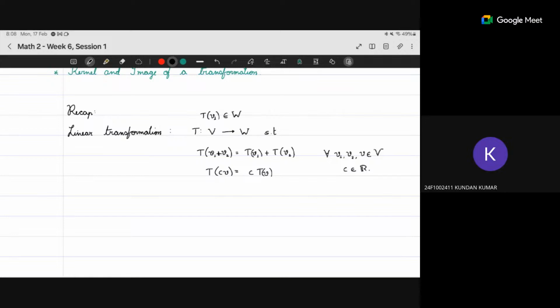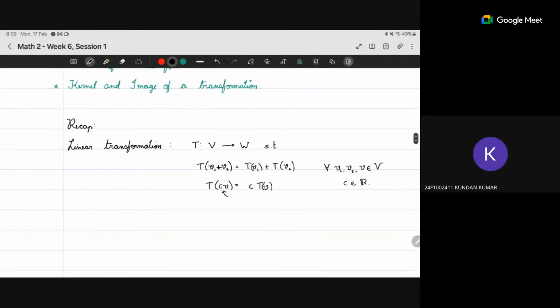Right, sir. So in this case, the codomain is W. So this guy is in W and this is in W. So what does something in W plus something in W mean? It has to be the plus in W only, right? Right, sir. Got it. So you add the vectors in V and take the image, or you take the image and then add the vectors, it's the same.